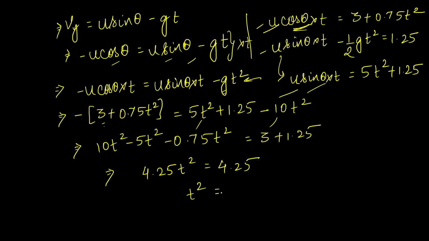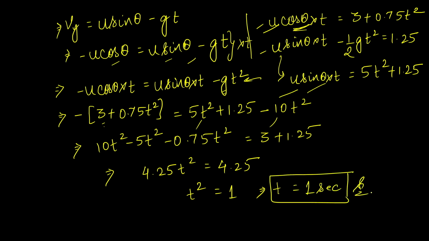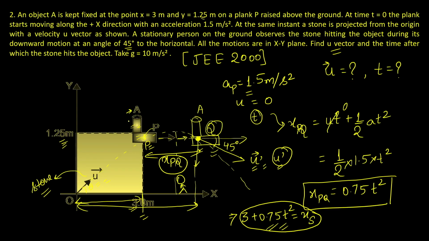So from here t square is equal to 1 or t is equal to 1 second, because time cannot be negative. So this is the time after which the stone and the block A, object A, is going to collide. So the time at which the stone hits the object is t equals 1 second.